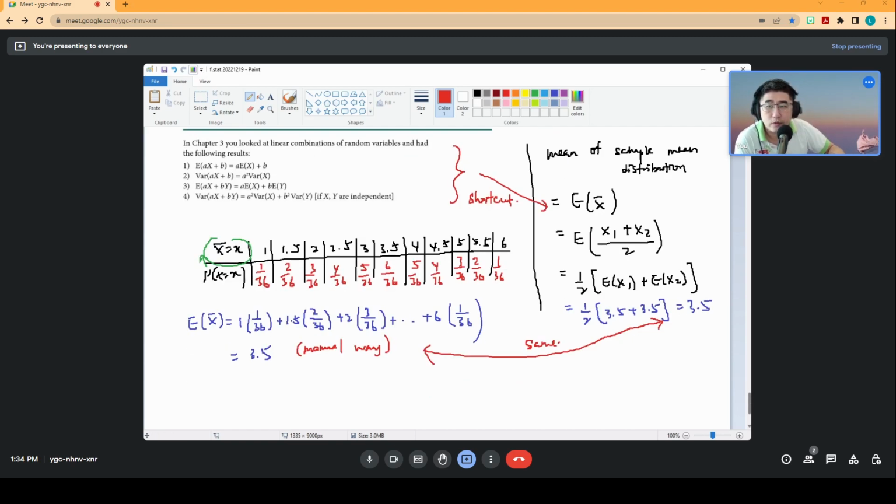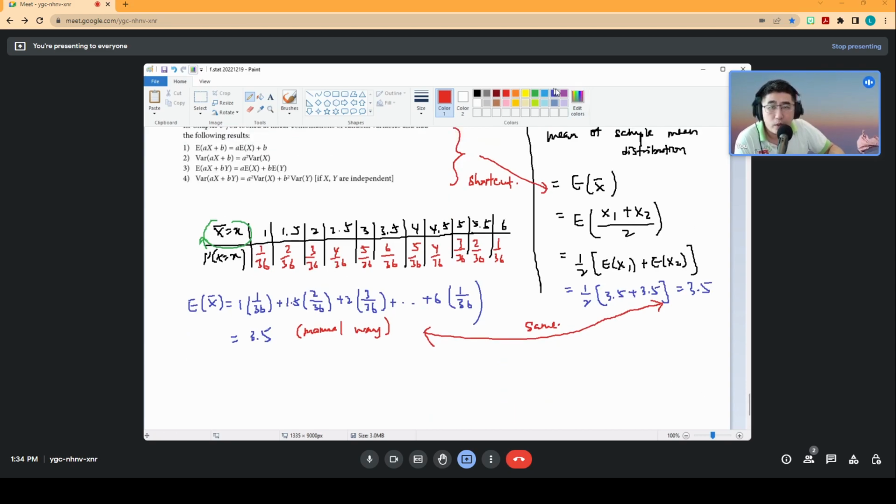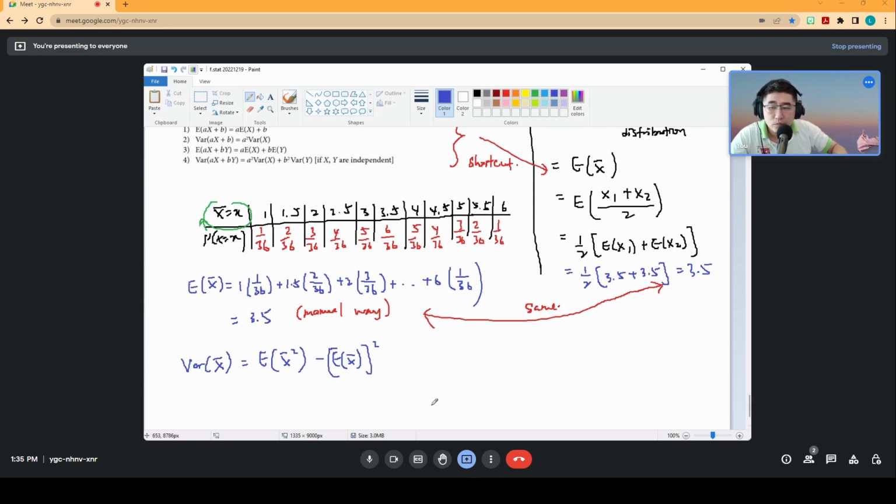So, what if I want to calculate the variance of the sample mean? The variance of the sample mean, I will need to do expected of bar x squared minus expected of bar x, the whole thing squared.